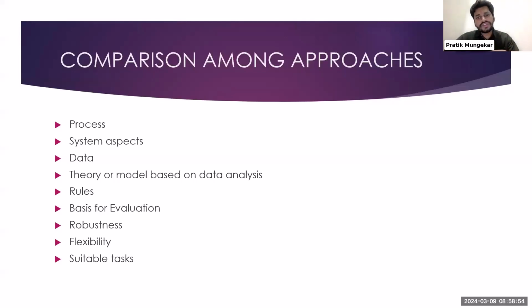Research using these different approaches follows a general set of steps, namely data collection, data analysis or model building, rule or data construction, and application of rules or data in the system.